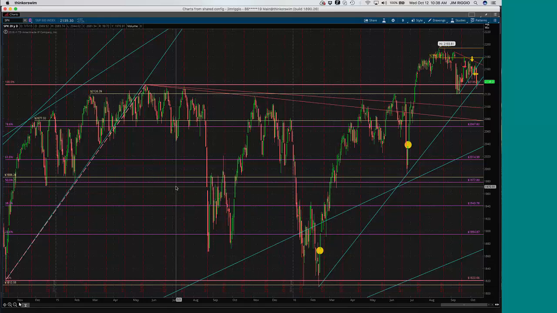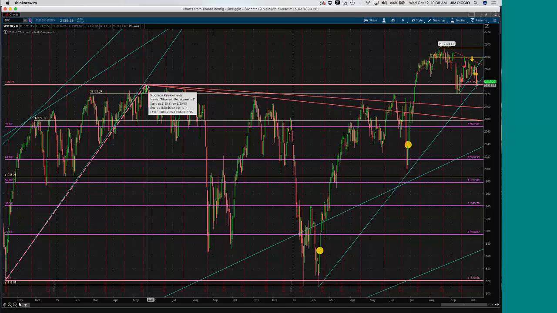When I take a look at Fibonaccis, again, I'm looking at confluence, multiple things that are telling me the same thing. Here were the previous highs that we had back on May 21st of 2014. I'm sorry, 14. So I'm looking at a high that was 2 years ago.